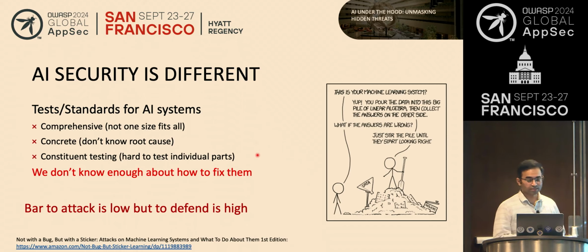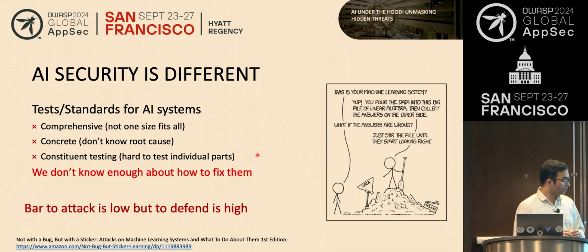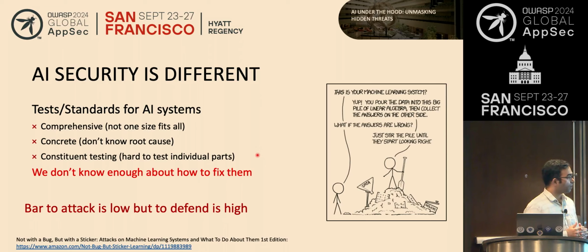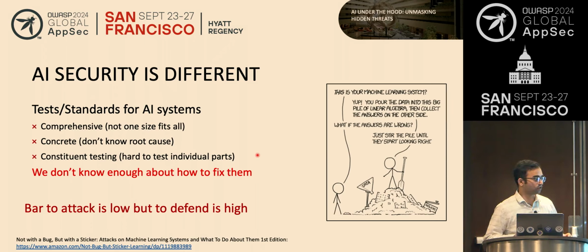So overall, testing AI systems is challenging, and we don't yet know how to fix them. The bar to defend is quite high, but the bar to attack is quite low, especially with the addition of LLMs. The job of the attackers is quite simple: to scale their attack without having to spend too much time or effort.